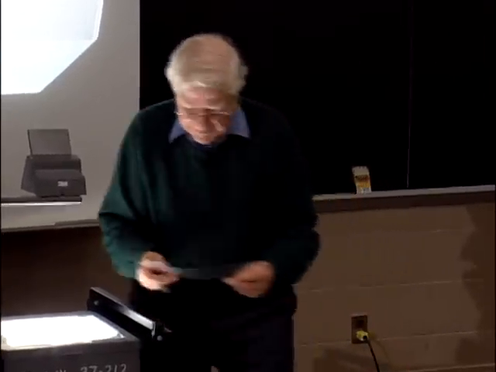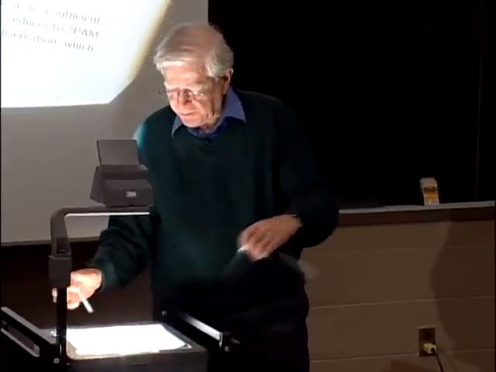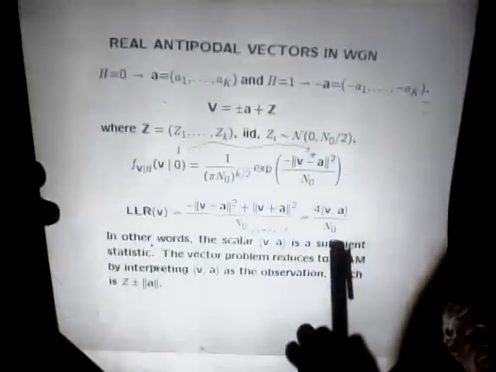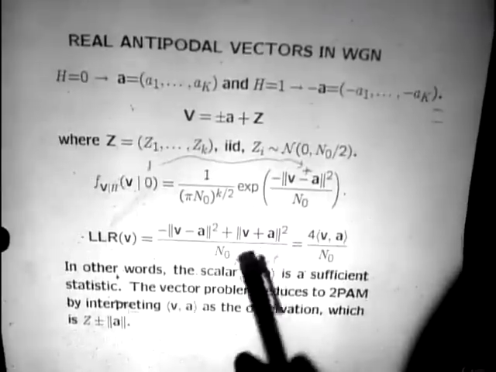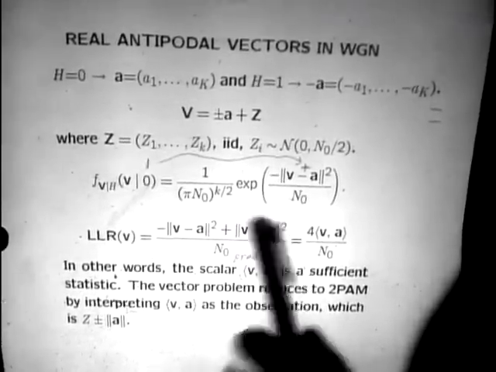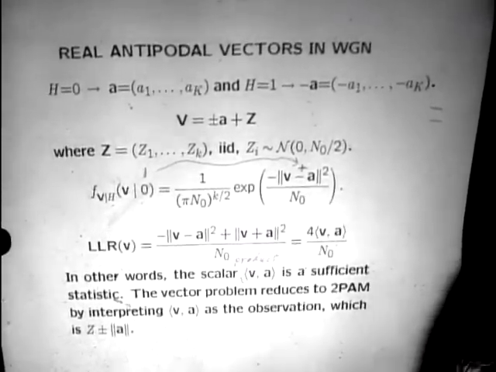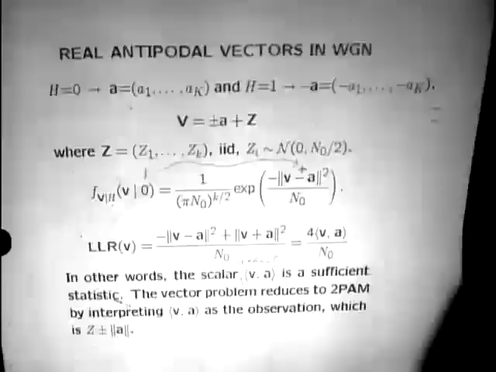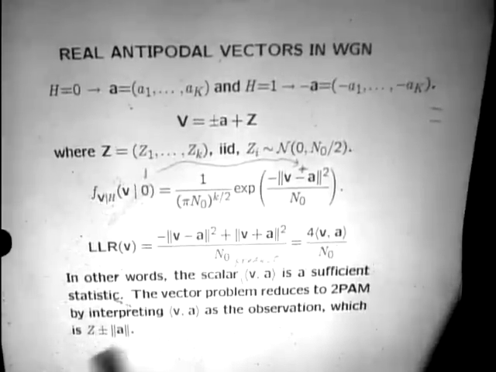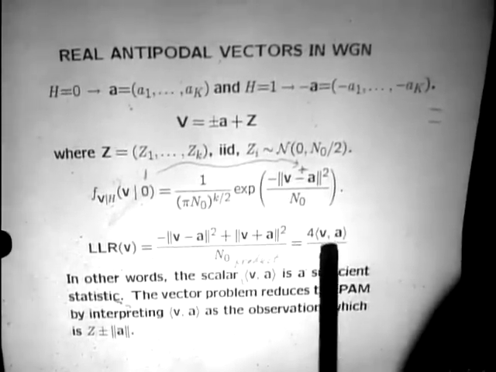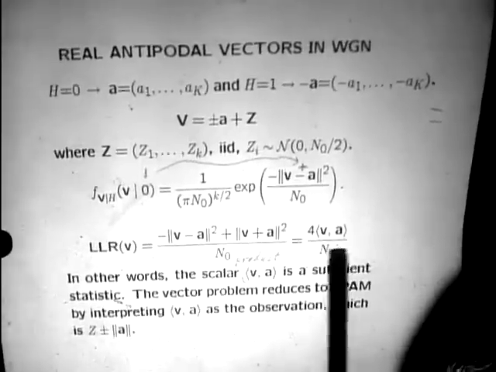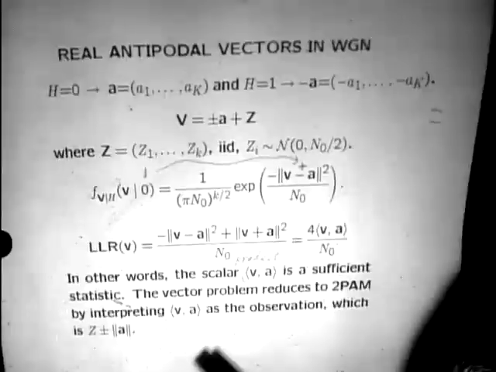I mean, the likelihood ratio is just this inner product here, which is a number. And when you find the error probability, you just use the same Q formula that we used before, and in place of A, you substitute the inner product of V with A, which is the corresponding quantity.